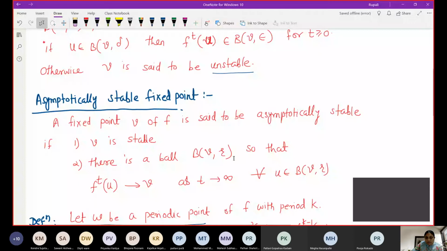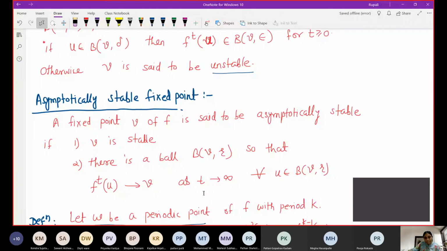For every u belonging to B(V, R), f raised to t at u converges to V as t tends to infinity. Then we say that it is asymptotically stable. It means first it should be a stable fixed point, and then additionally all solutions near to V must converge to V as t tends to infinity.